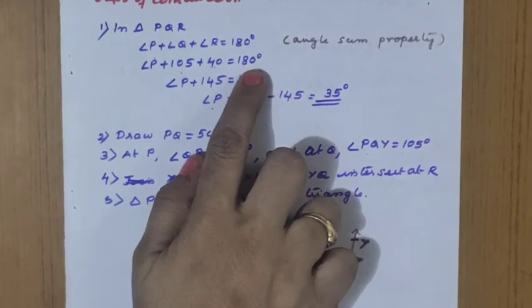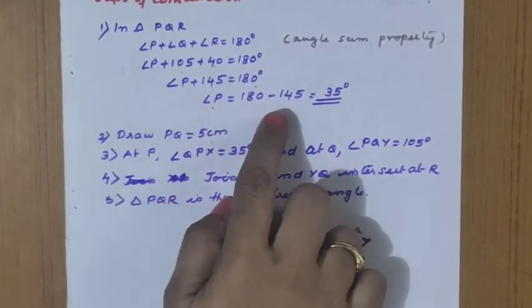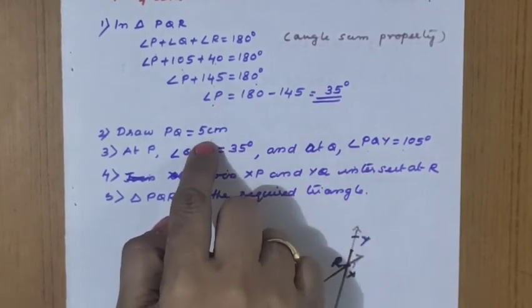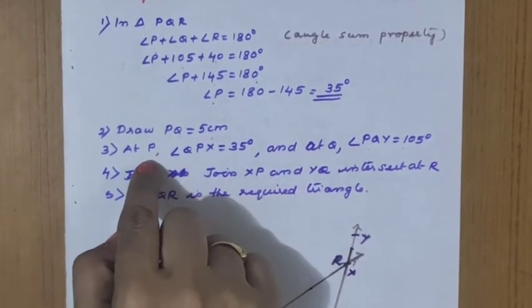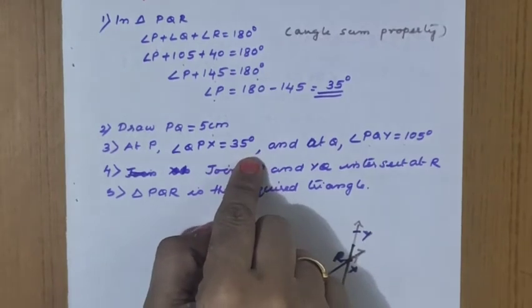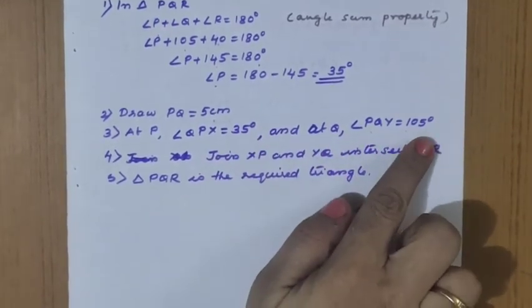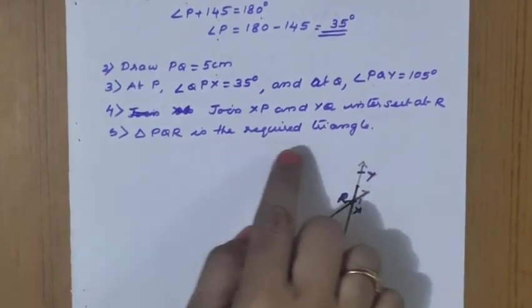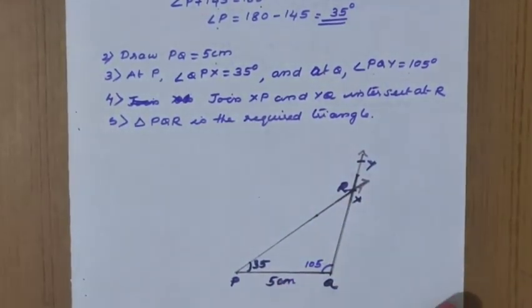We have substituted the values. Angle P is equal to 180 minus 145, 35. Now draw PQ base, we have drawn, that is 5. At P we are drawing the angle 35 degrees. At Q we are drawing the angle 105. Both intersect at R. Then triangle PQR is the required triangle. We are getting the required triangle PQR.